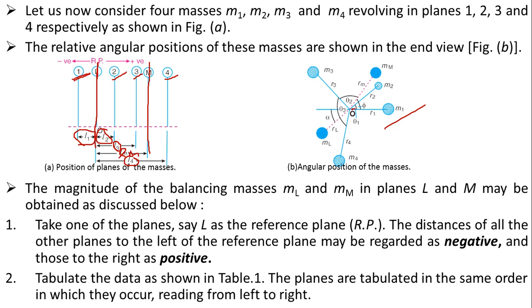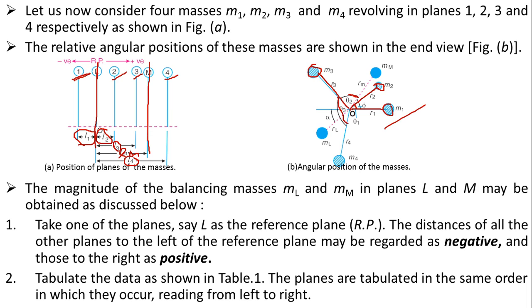It starts from here: first one, mass M1 at a distance of R1, then M2 at a distance R2, then M3 at radius R3, and similarly the angle can be measured. So this angle is theta 1, then the other angles are given as theta 2, theta 3. Like that you can consider.